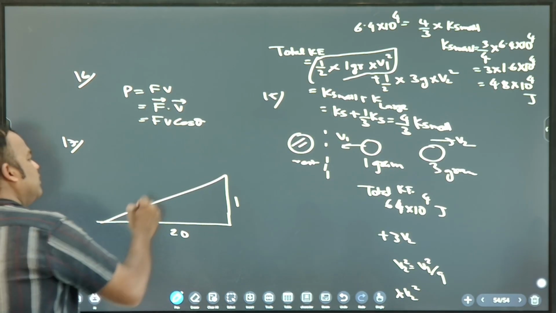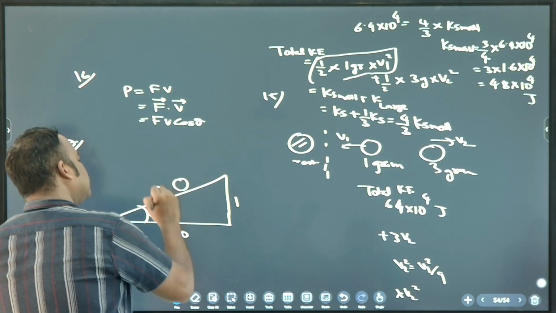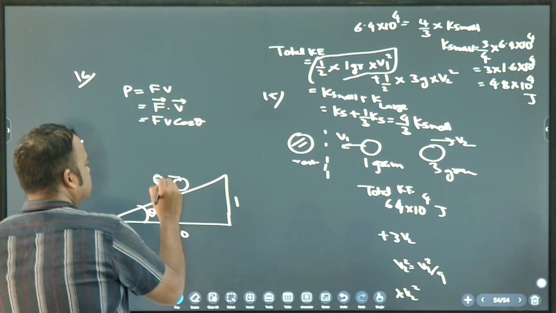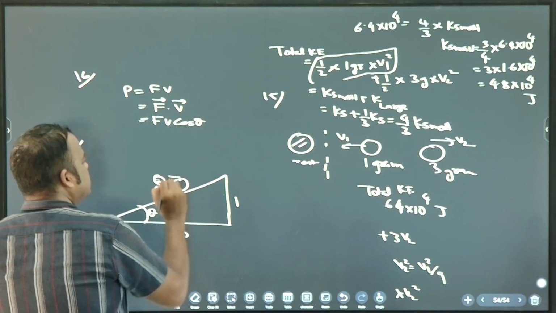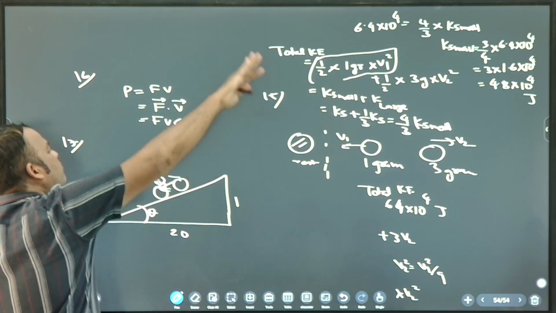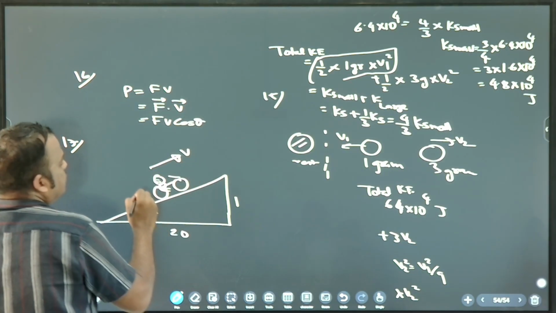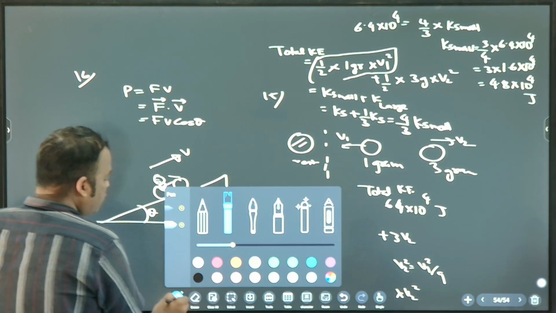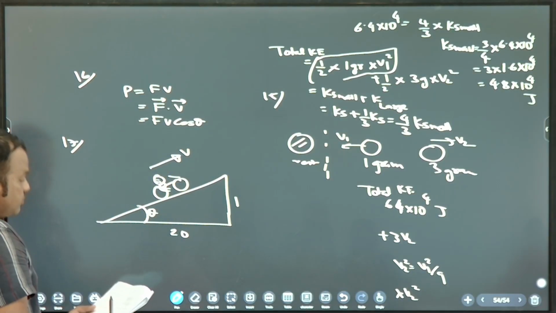Power of man. Now this is the cyclist. So in which direction it is going? Up the hill. So what are forces acting? It is going with constant velocity. Velocity constant.